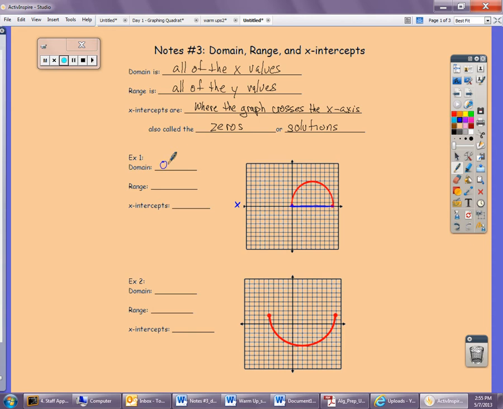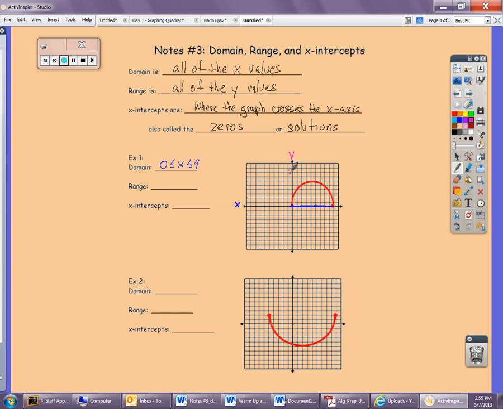So the domain is from 0 to 9. So x is any number between 0 and 9. So x can be 1, 6.4, 3.52, 8, 7, 9, 4. But x can't be anything in the negatives, or above 9, because the graph starts at 0 and stops at 9.